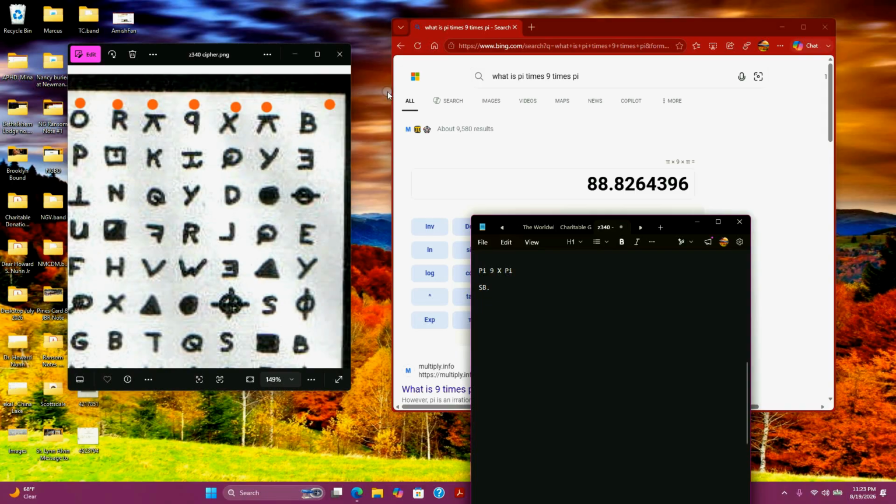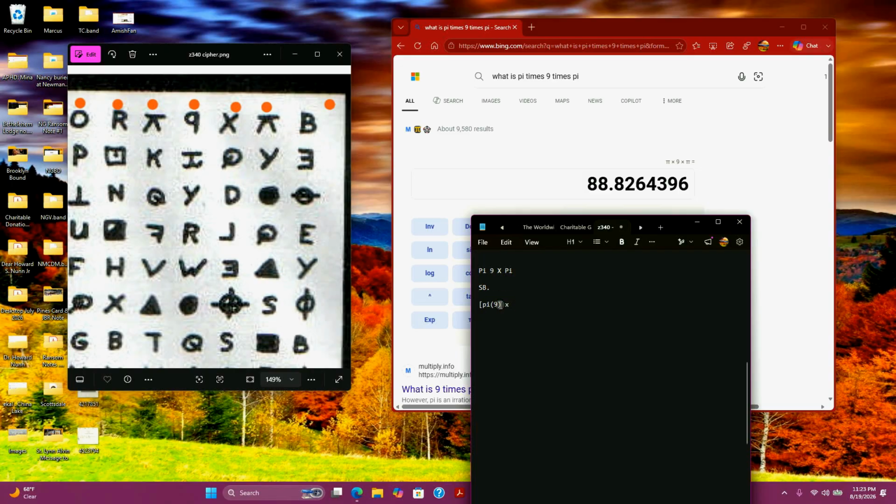Pi times 9, so we have pi and then it's next to a 9 times, so this result, let's do it as a proper math function, at least from my generation.